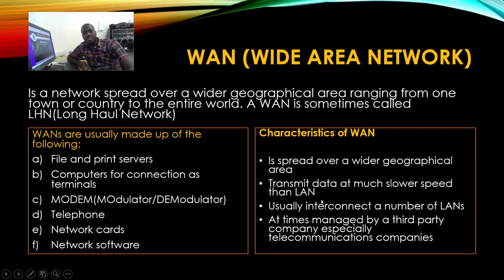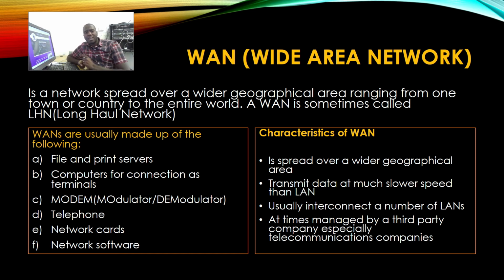Another key point is that a WAN transmits data at a much lower speed than a LAN. And then it is usually an interconnection of LANs. When you talk about a WAN, we are now connecting LANs. We've got a LAN here, another LAN. When you connect them, that's what usually forms a WAN.